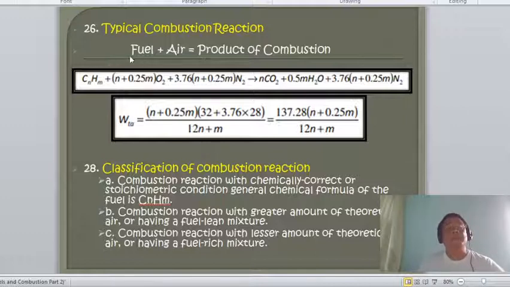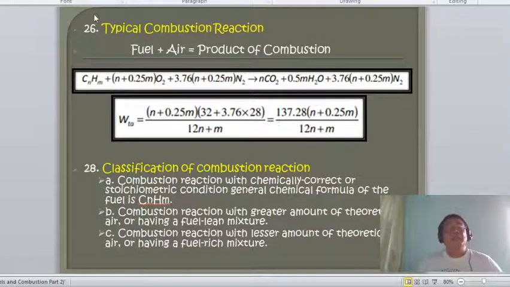If we look at the equation, C is carbon and H is hydrogen, so the n and m here represent the number of moles of carbon and hydrogen. Plus n plus 0.25 m multiplied by oxygen, plus 3.76 multiplied by n plus 0.25 m multiplied by nitrogen.